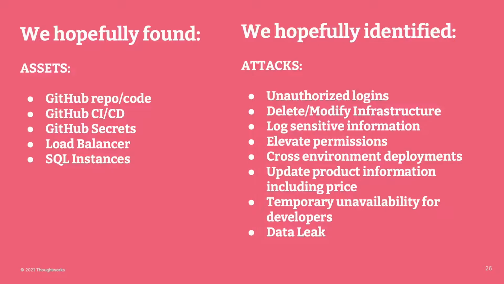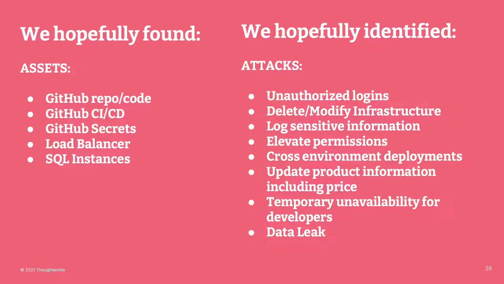As part of this exercise, what you see on the left side is our assets. That's what we had in the last slide. And on the right, the possible attacks that we understood at the end of the evil brainstorming exercise. We did the brainstorming and found out how our assets can be attacked. Things like unauthorized logins. Somebody could get into our infrastructure and modify it or even delete it.